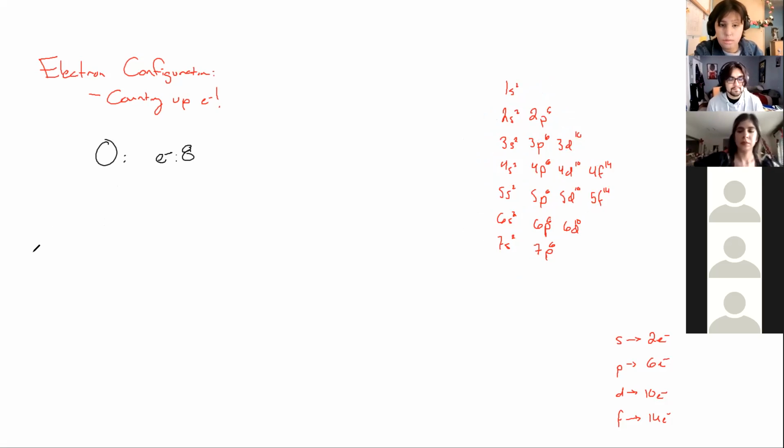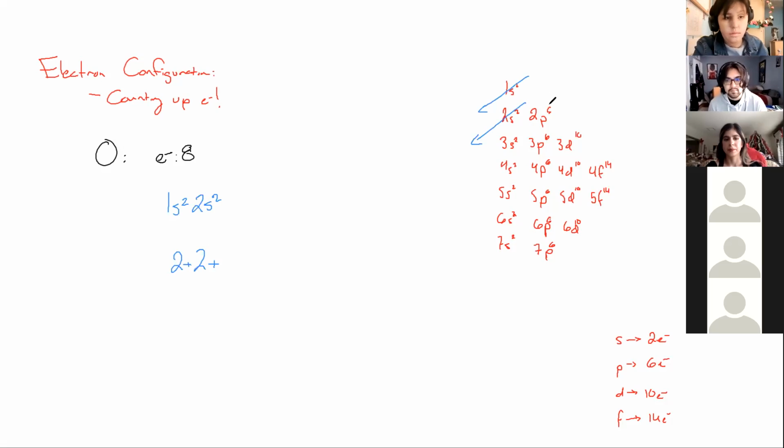Okay, so 1s2. How many electrons do I have there? 2. 2s2. Another 2. 2p6. How many electrons? I give you 6. And then what does this add up to? 10. This adds up to 10, but how many electrons do I need? 8.